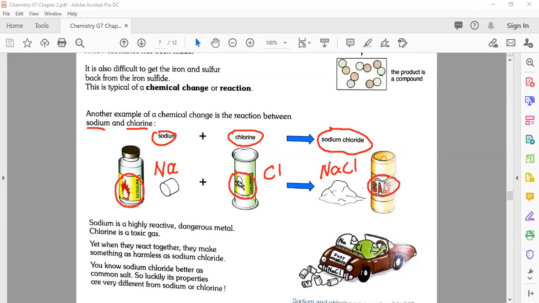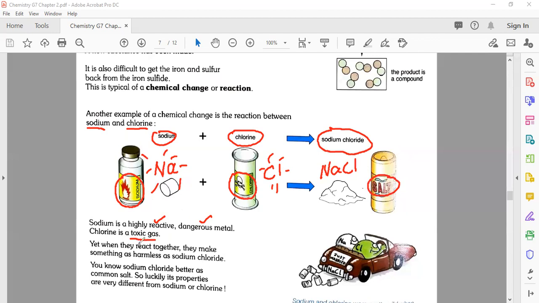So can you imagine that sodium is so reactive, dangerous, poisonous, and the same with chlorine? But the salt we use, nothing happens to us. We can eat it many times, and sometimes we need more, and we sprinkle the salt mostly on our chips or potatoes. So sodium is a highly reactive, dangerous metal. Chlorine is a toxic gas, also dangerous, poisonous, not good for health.